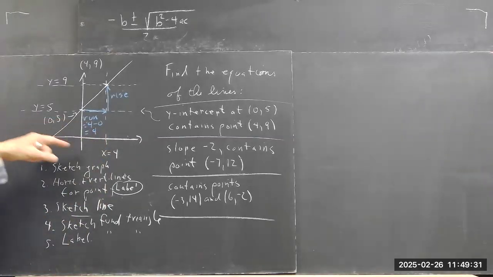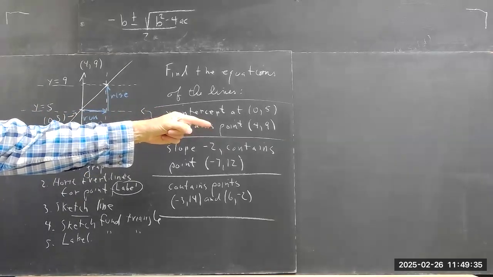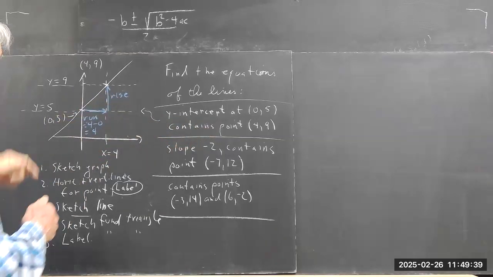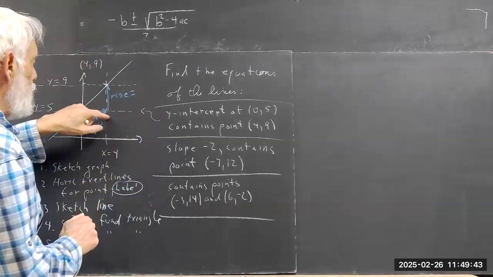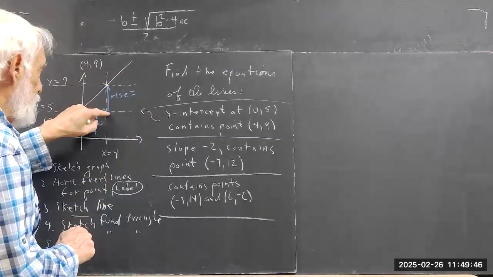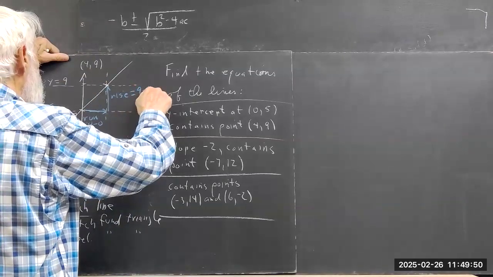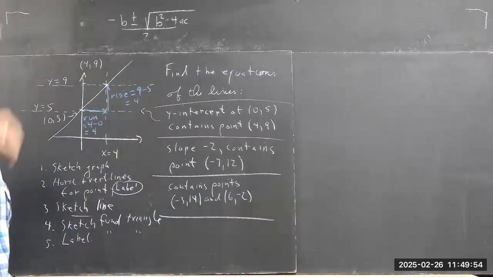Now, with the run, you're always going to subtract the smaller number from the bigger because you're always going to go to the right. Okay? The rise, from here to here, so we subtract this from this. Rise is 9 minus 5 equals 4. Okay?